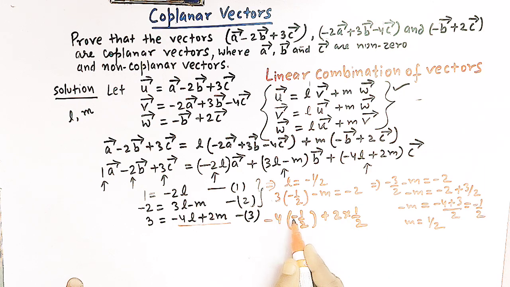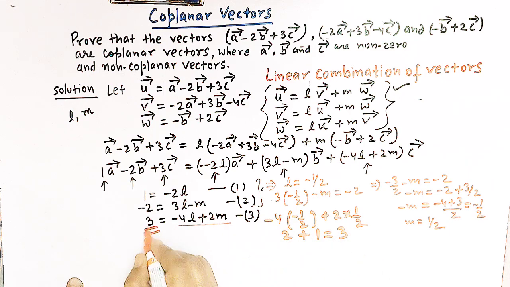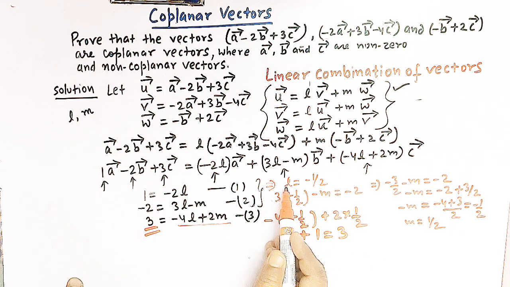So here minus times minus is positive. So we have simply here 2 times 2 is 4. So this is 2, and here 2 and 2 get cancelled, so we have 2 plus 1 is equal to 3, and here we have 3. So the values of L and M satisfy equation 3.